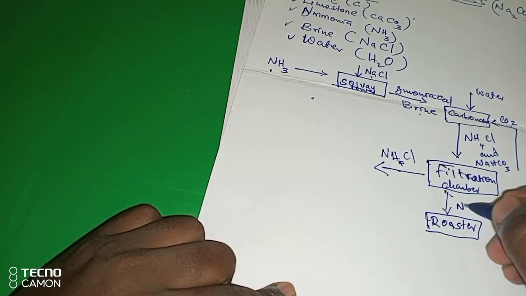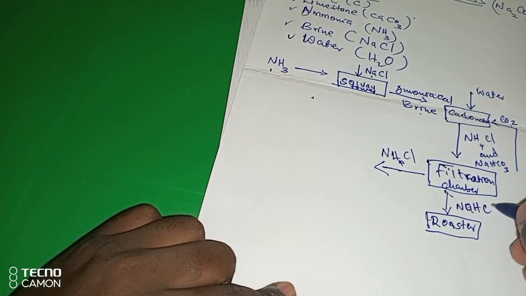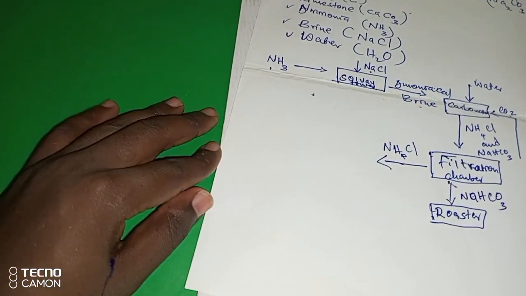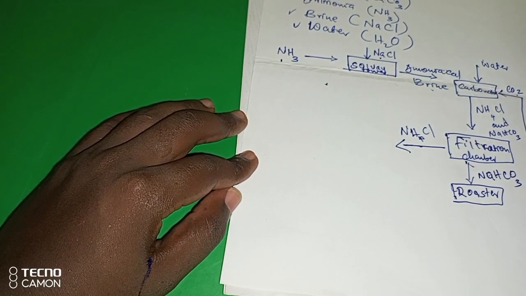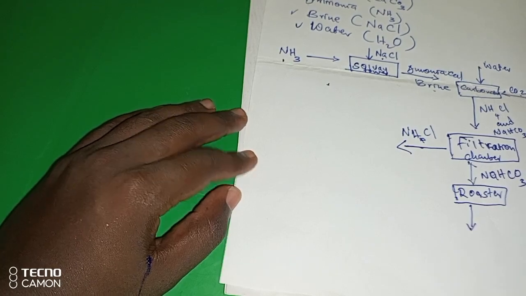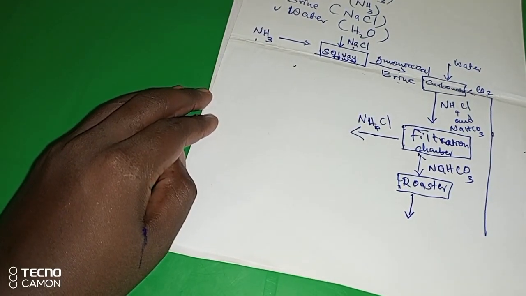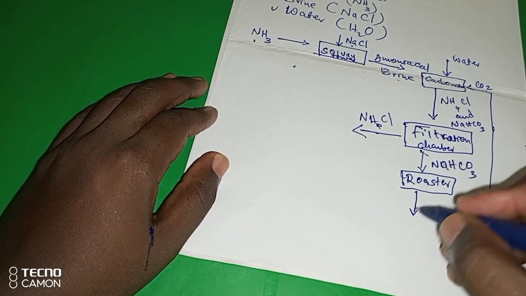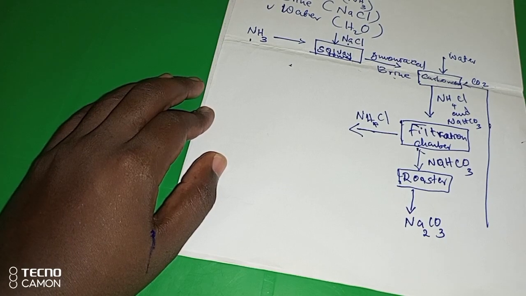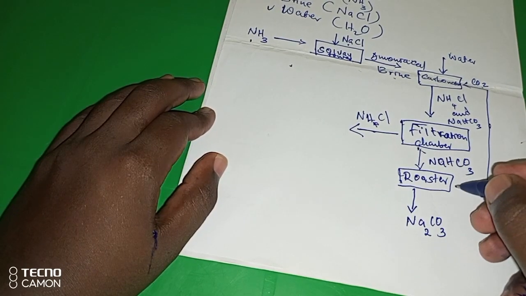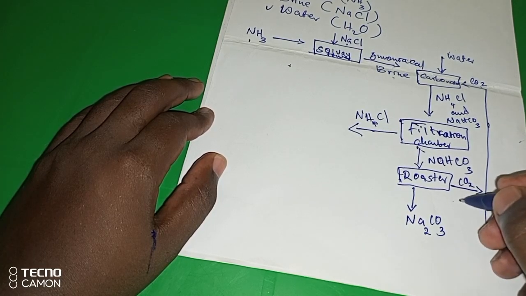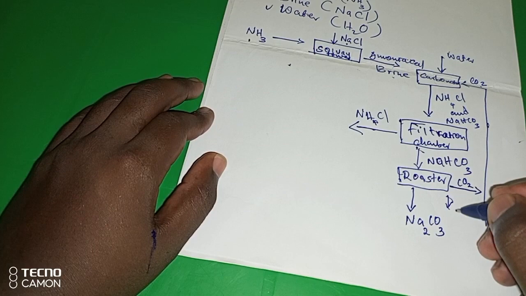So here we have sodium hydrogen carbonate. In the roaster, sodium hydrogen carbonate is heated to produce sodium carbonate, carbon dioxide, and water.